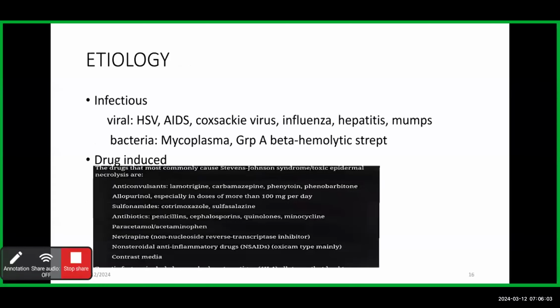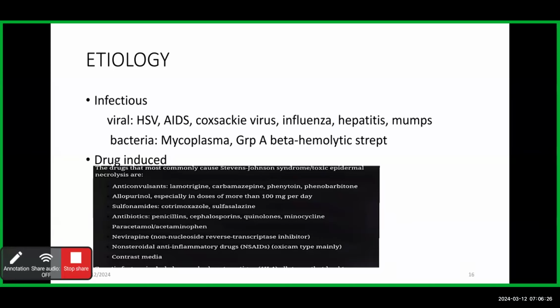So the etiology can actually be infectious, drug-induced, malignancy related, and sometimes about 25 to 30% to be idiopathic. So these are the infectious agents, to be viral, bacterial. The common viral ones are the HSV, AIDS virus, influenza, and the likes.